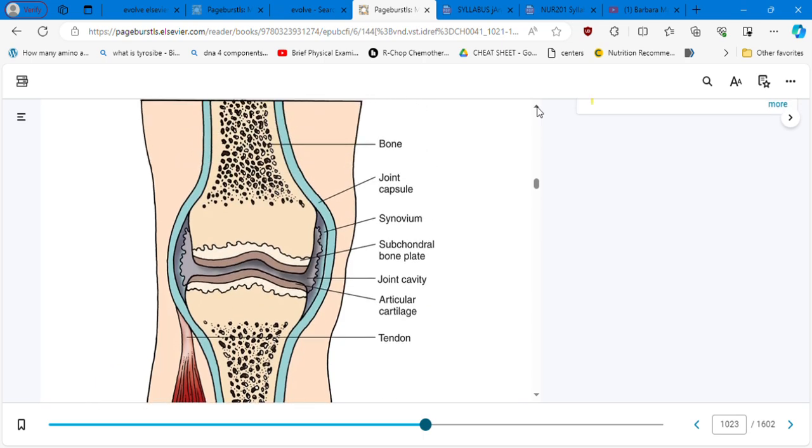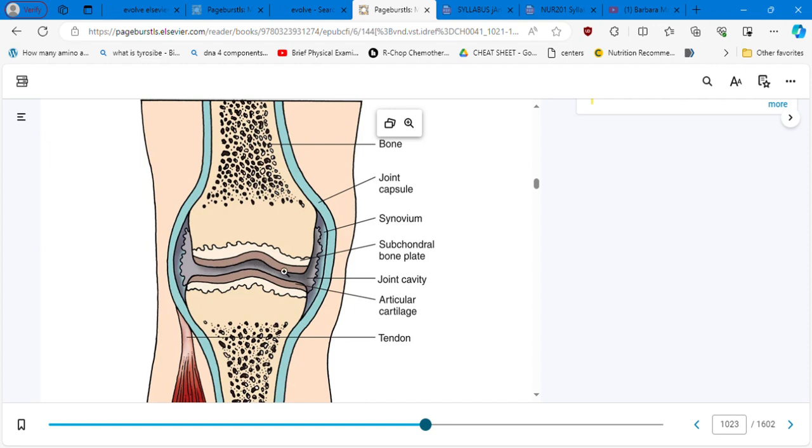Let me see. Here we have the synovium. If you can see here, the joint capsule is the one in the light blue, and the joint cavity here, the articular cartilage is at the end of the bone.